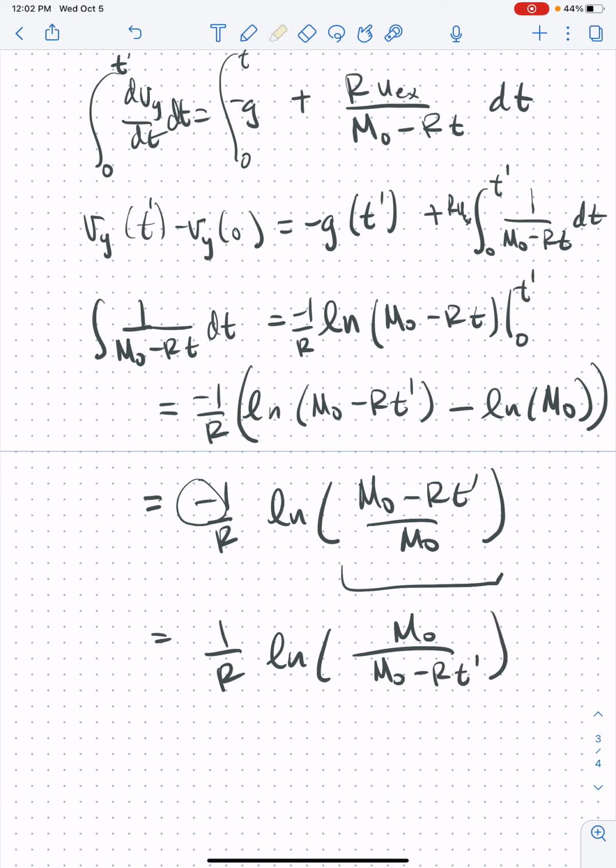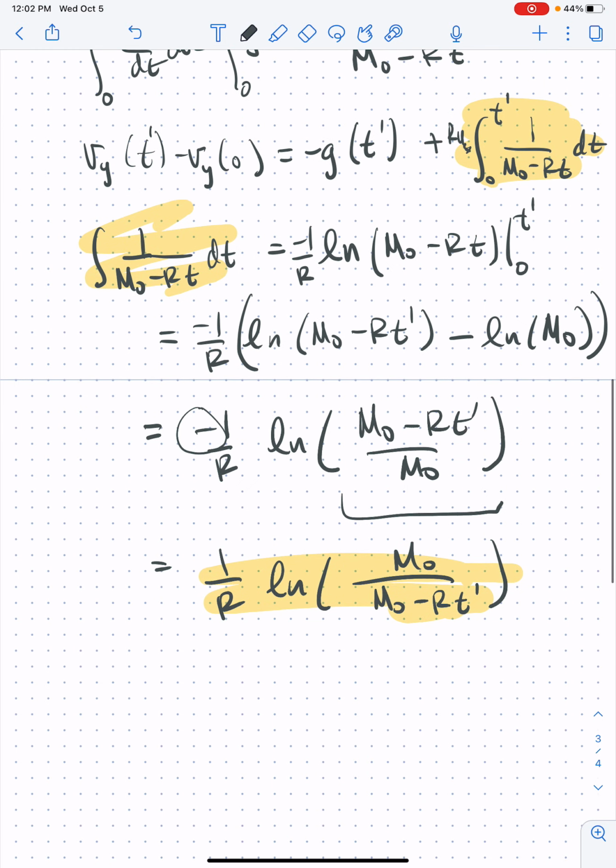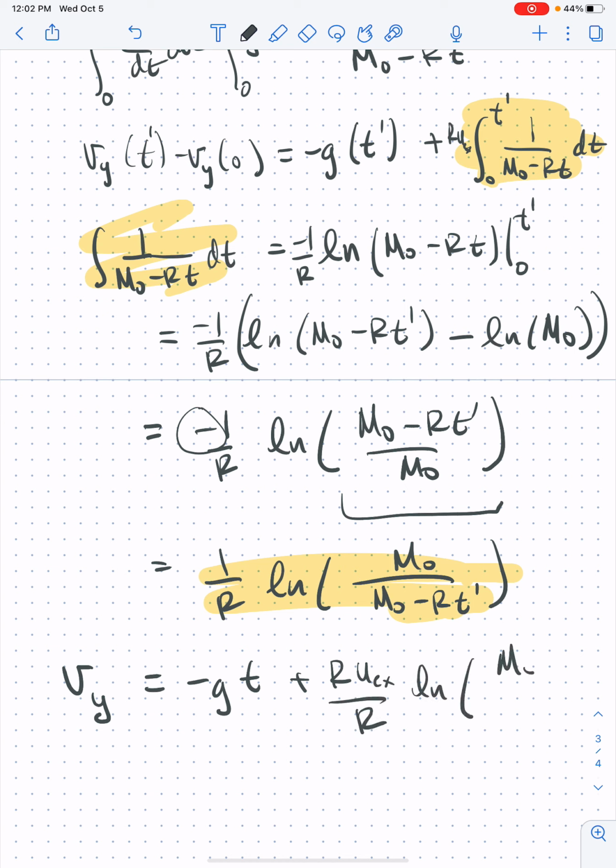Okay, so now this here is this second term from up here, right? So now putting this all together, we've got that Vy, and we're going to assume Vy of 0 is 0, is negative gt plus r ux over r log of m naught over (m naught minus rt).